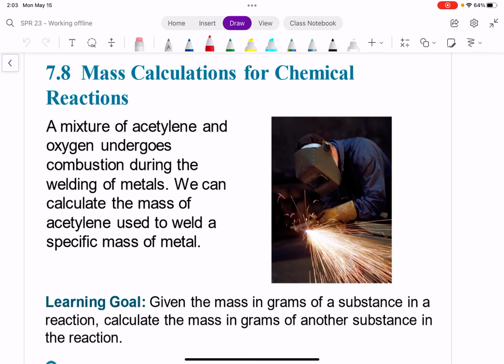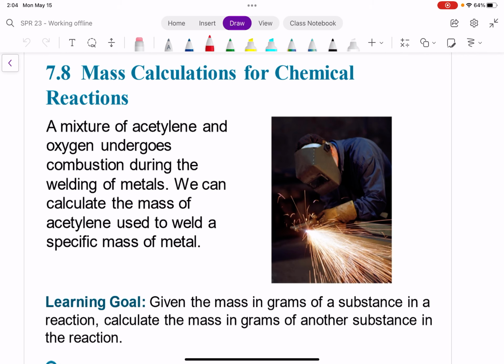In this video, we're going to continue talking about mass calculations for chemical reactions. So in the last video, we talked about mole-to-mole relationships and how we can use a balanced chemical equation to determine how many moles of one thing react with how many moles of another to give how many moles of our product or products.